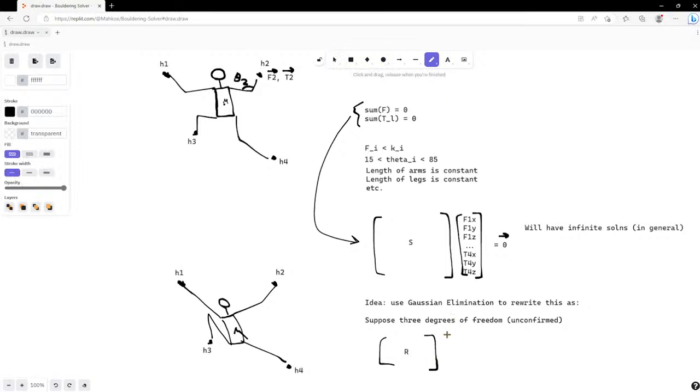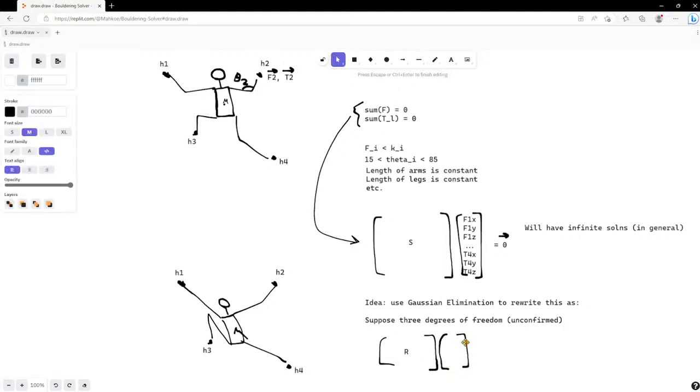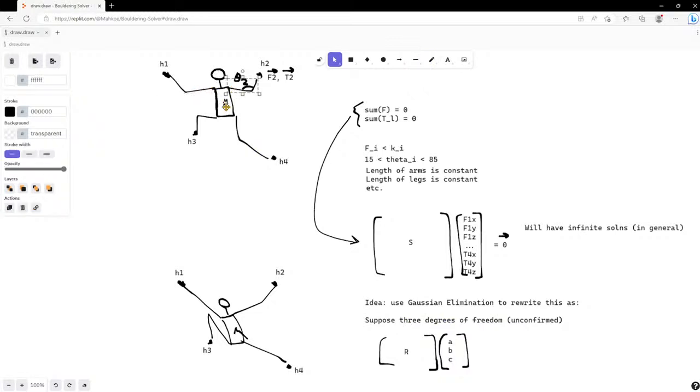And the vector here is just going to be, I could call it ABC for generality, in the sense that if there's only 3 degrees of freedom, then these are just arbitrary variables that you can put anywhere you want. But actually, I think it would be nice if we can reduce it to 3 degrees of freedom, that maybe it should be one of the points on the person's body, so maybe the center of mass would be a good point to choose.